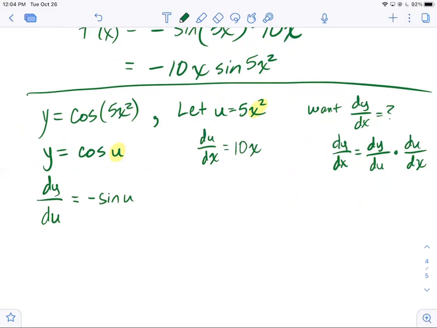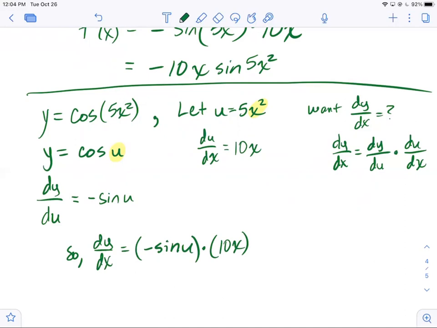And now if I string them together, the derivative of y with respect to x is going to equal dy du, which is negative sine of u, times du dx, which is 10x. Well, there's only one problem with stopping here, right? U was a dummy variable.